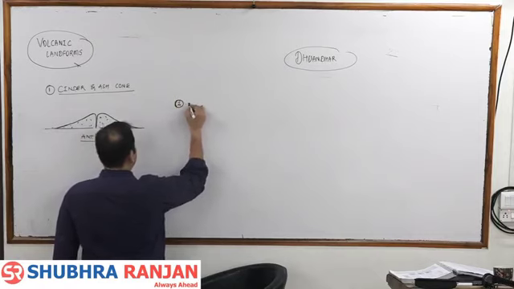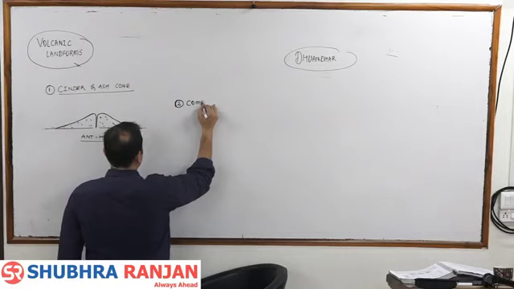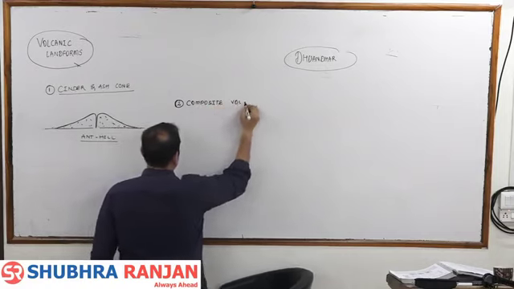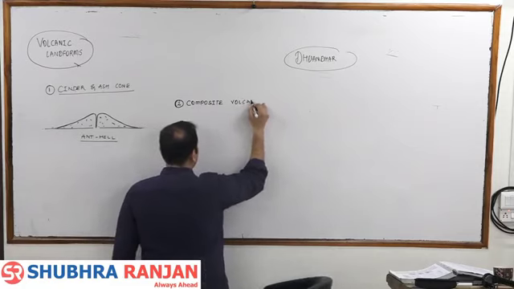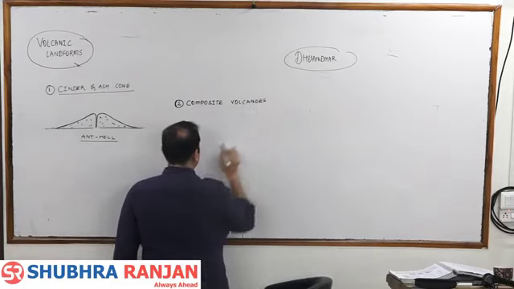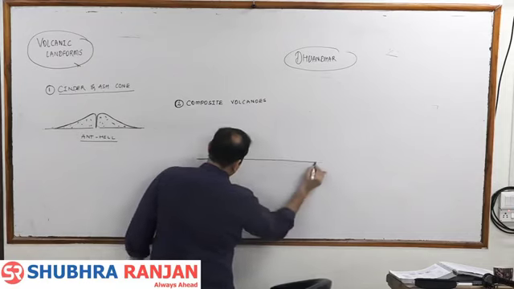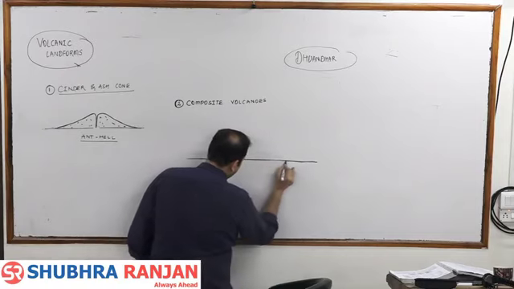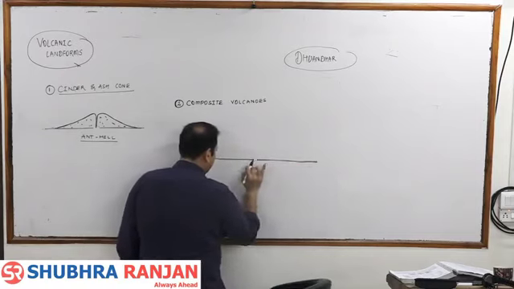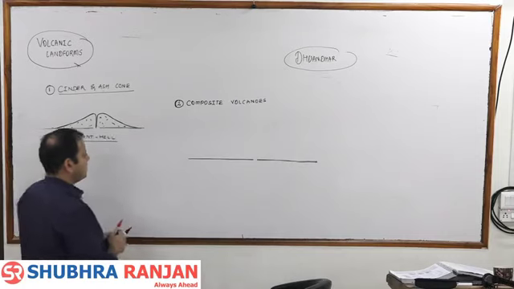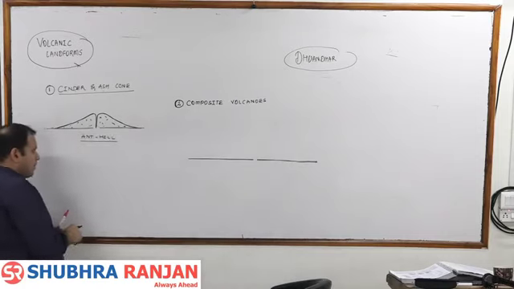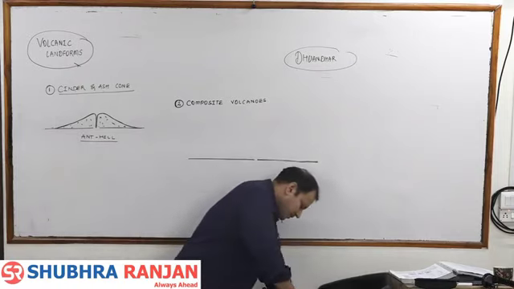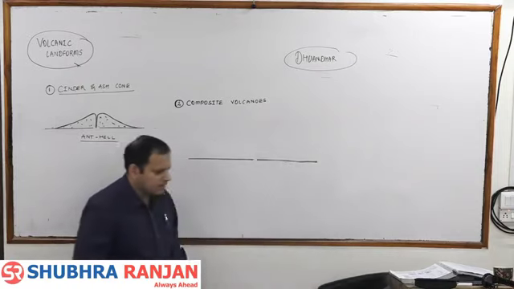Such kind of volcanic eruptions do not have or do not emit lava. Such cones are of low height. And are easily eroded.